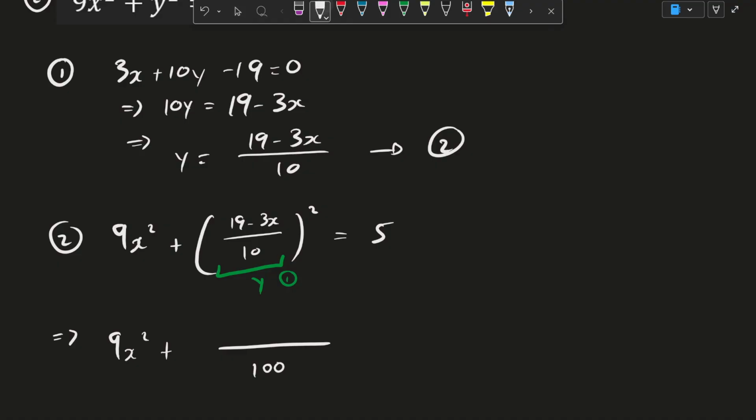So the quick method is the first thing squared, which is 19 squared, which is 361, plus the next thing squared, so negative 3x, remember the negative doesn't care about being squared, so that's just 9x squared, and then plus twice the product, so 2 times 19 times minus 3x, is equal to 5.